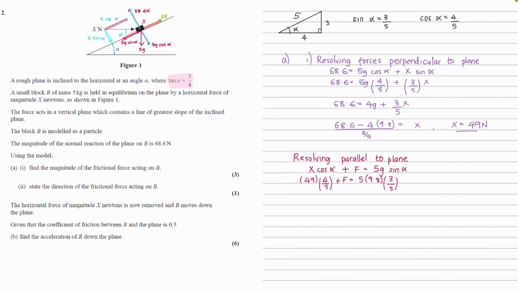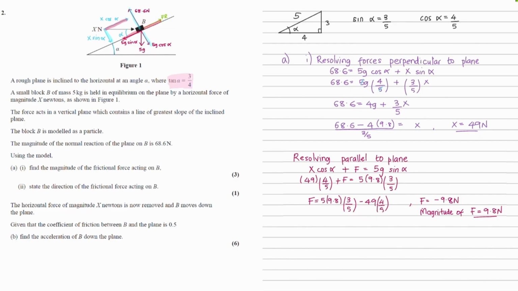In order to find F, we would therefore have to take away the whole of the first term on the left-hand side. So we can write F is equal to 5 multiplied by 9.8 multiplied by 3/5, take away 49 times 4/5. And if we put that into our calculators, we will get F is equal to minus 9.8 newtons.